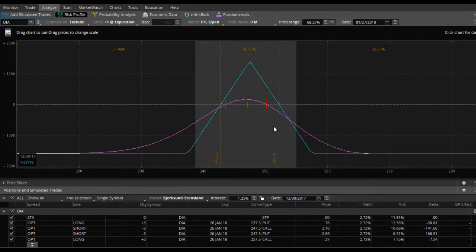Okay, and here we are in DIA, which is a neutral iron butterfly on the Diamonds, the Dow Jones Industrial Average ETF. As you can see, we're up $166, really nice right over the center. As you all know, we want to be in between these price slices, which are our break evens, and as long as we're in between these two lines, we're in a profitable trade.